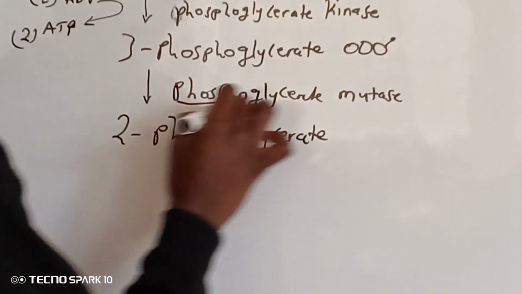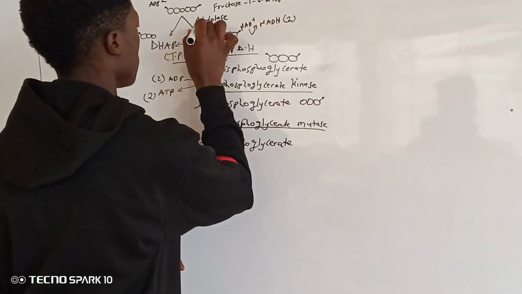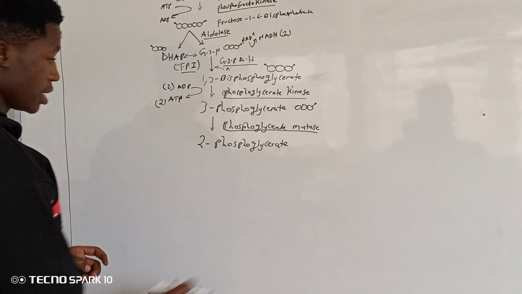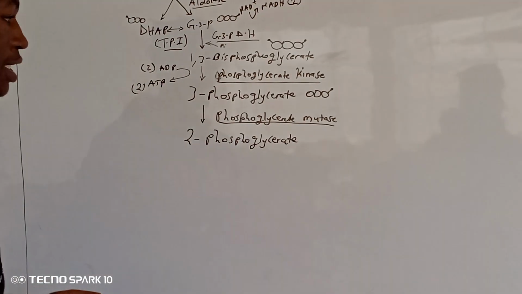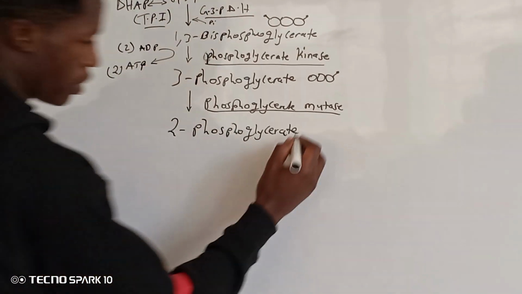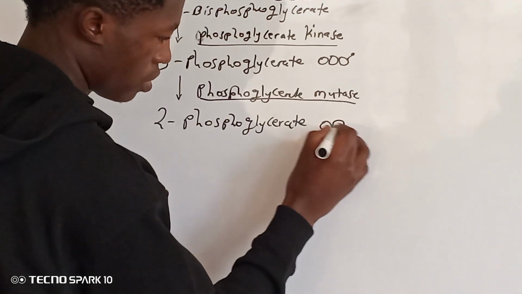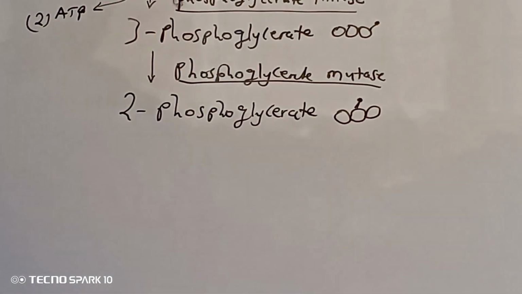Phosphoglycerate mutase is going to act on 3-phosphoglycerate to give us 2-phosphoglycerate. So it's just going to change the position of the phosphate group. So we're going to have 1, 2, 3, and the phosphate group is at position 2.